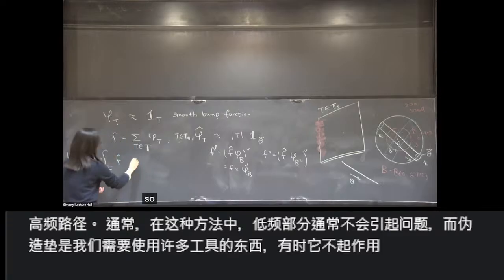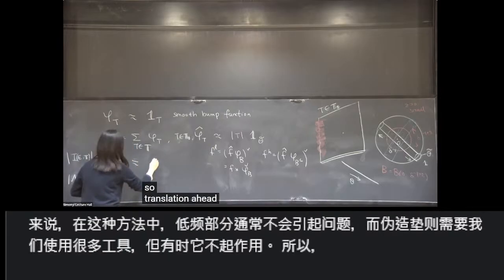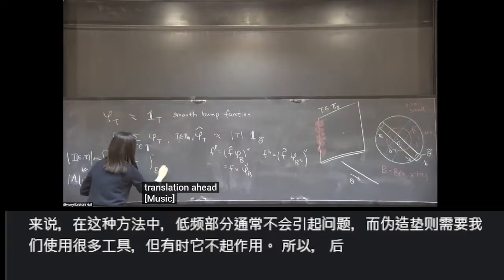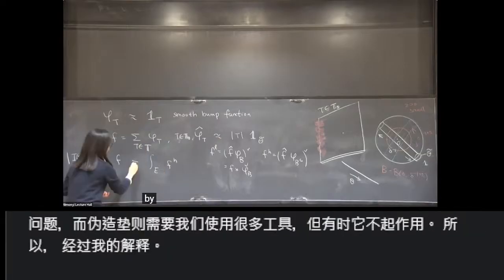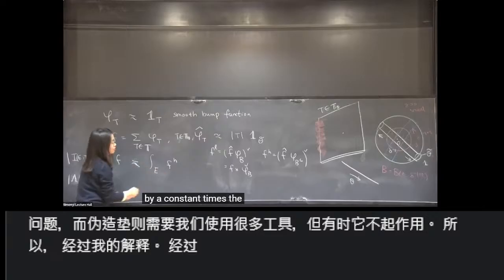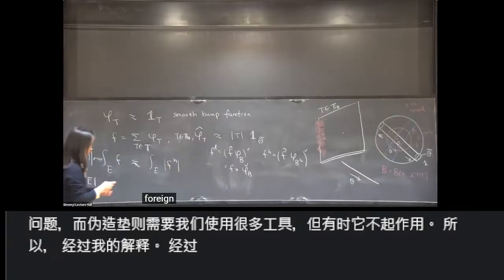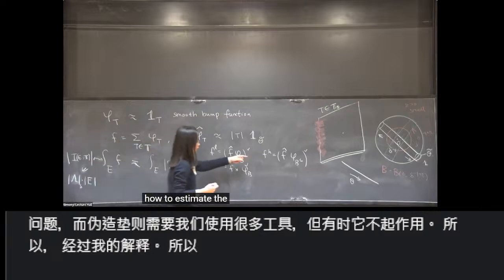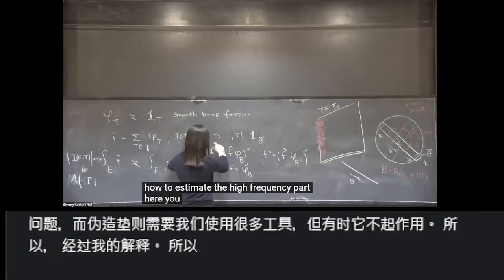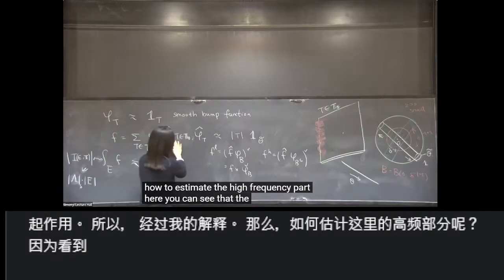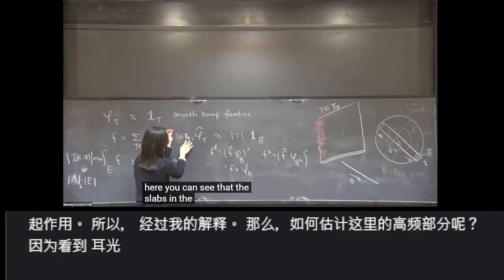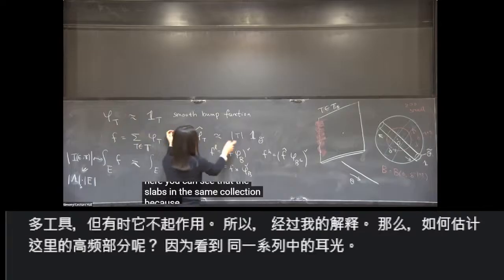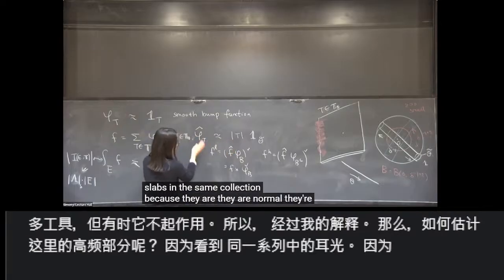So after the explanation I had, let's suppose that this is dominated by a constant times the high frequency part, and we will take absolute value. So how do we estimate the high frequency part? Here you can see that the slabs in the same collection are parallel, because they are normal to the same direction.